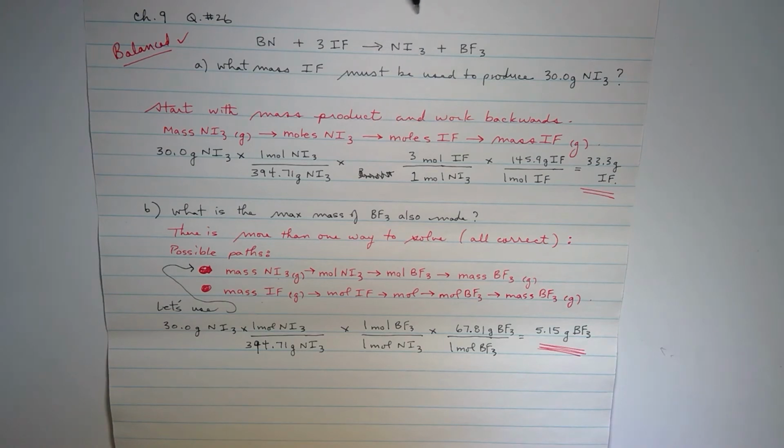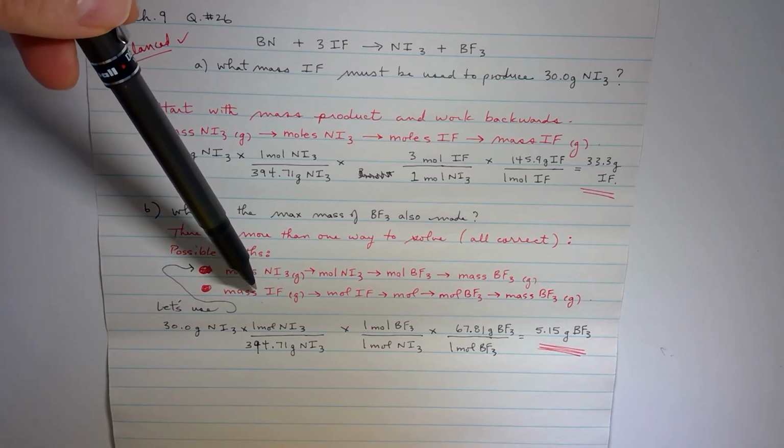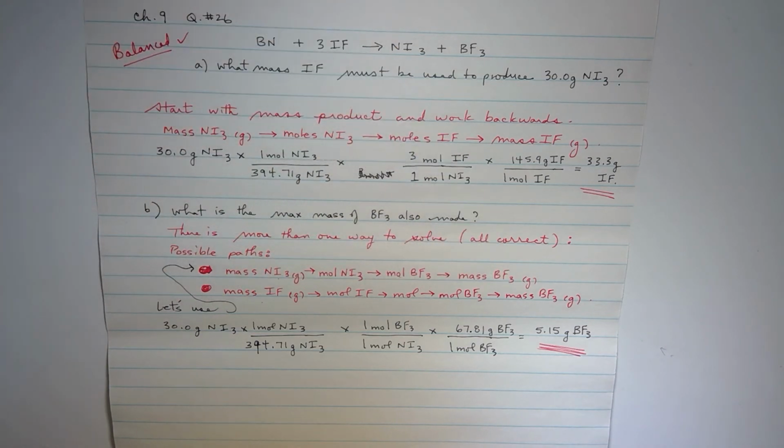We've just determined how much NI3, or we were told how much NI3 was going to be produced. Since it's a 1-to-1 ratio, once I find out the number of moles of NI3, I could just say, well, that's the number of moles of BF3, and then convert that to a mass. And that's what we've done down here. We're going to use the top one. So it looks an awful lot like the calculation above in A. Going through it, we have 30 grams of NI3. We convert that to moles of NI3 using the molar mass, 394.71.